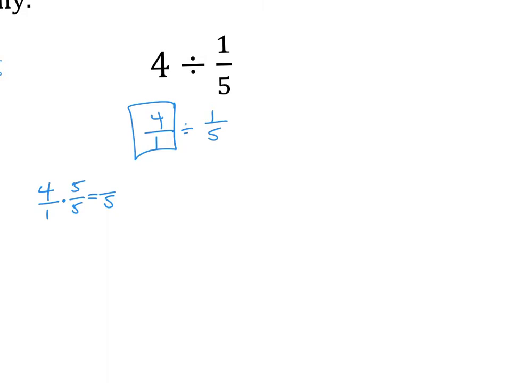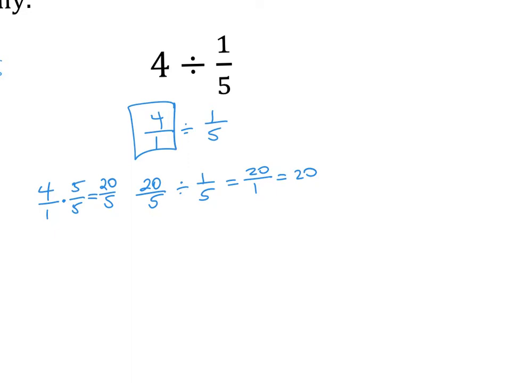When I do that, I get 20/5. So now I have 20/5 being divided by 1/5. Again, we can just move straight across. 20 divided by 1 is 20. 5 divided by 5 is 1, and then we have 20.